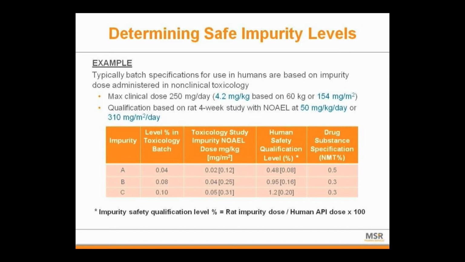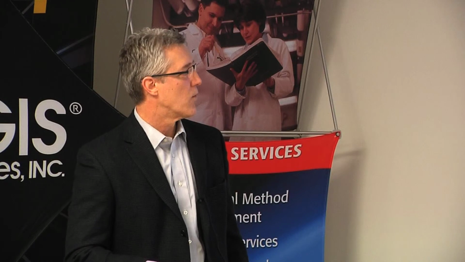But the specification in this case is 0.5. Same example for B, very similar, where you have almost up to 0.1. The specification 0.3, but on body weight was around 0.2, and similar situation here as well. So whether you use body weight or body surface area has an impact in this particular case. Now this example was in about a mid-stage development, and so we did use body weight, but then again there's some allowance with regard to the specifications that were used.